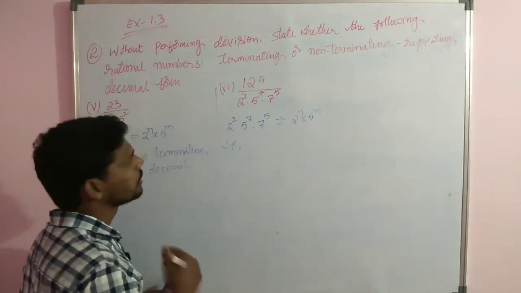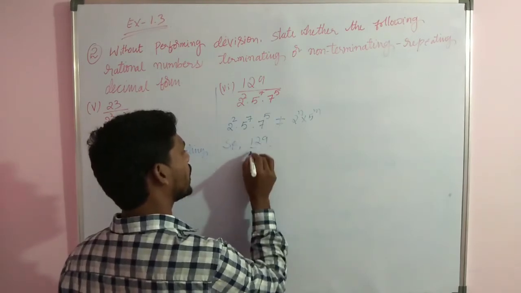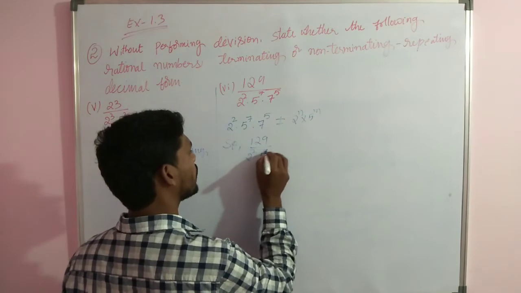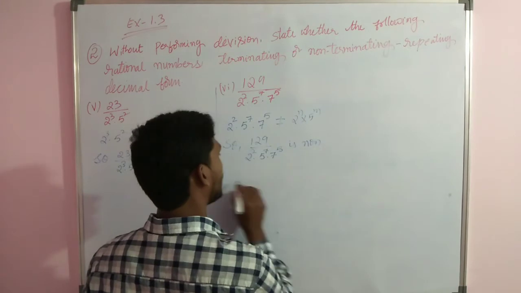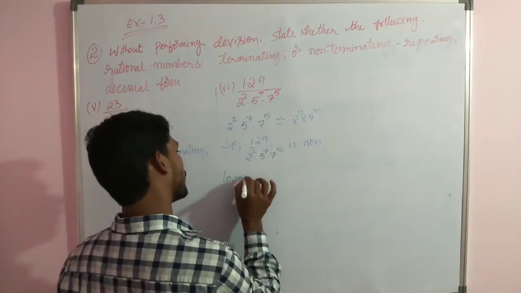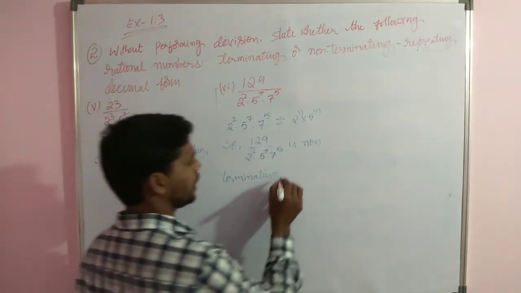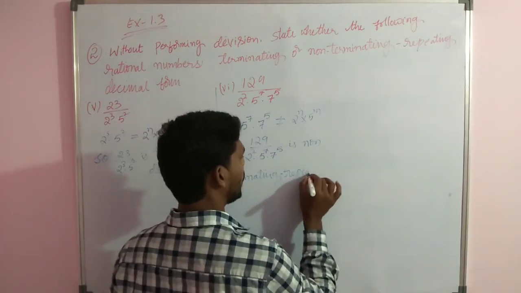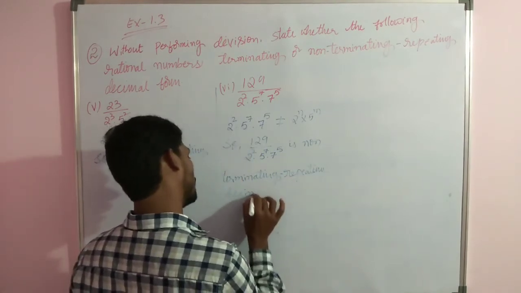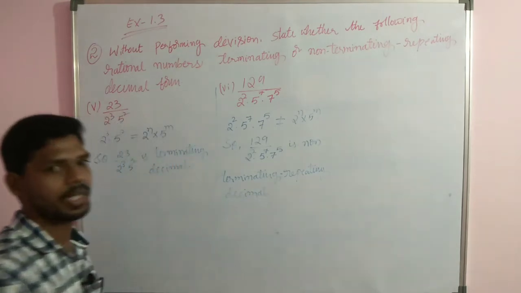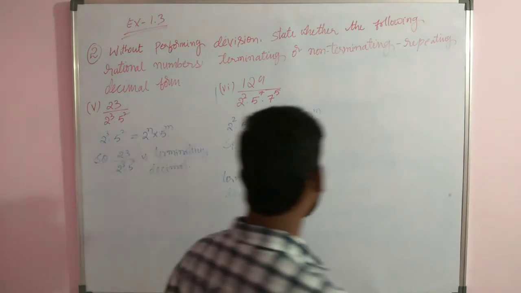So the given rational number 129 by 2 power 2, 5 power 7, 7 power 5 is a non-terminating repeating decimal.